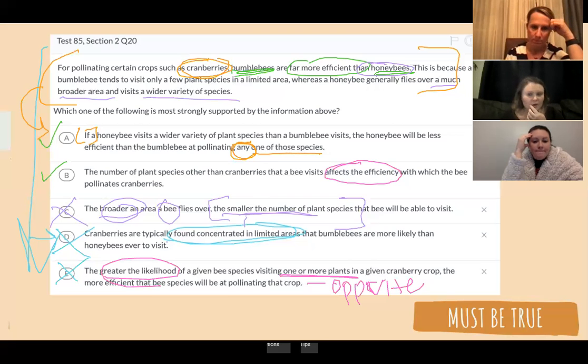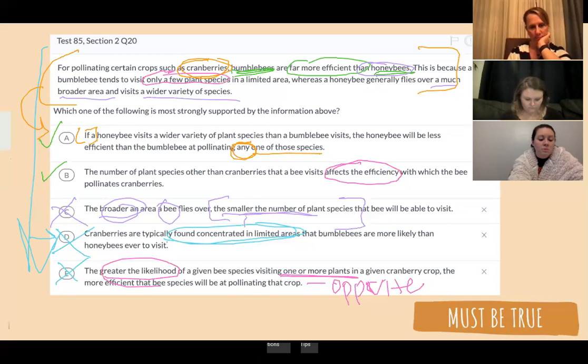And what do you think, Cora? I feel like you were putting some good things in the chat. Yeah, the biggest thing I was looking for is the efficiency. Going back up to the stimulus, if you just take out the type of bee, the bumblebee and all that, and just say a bee is more efficient because it visits only a few plant species in a limited area.